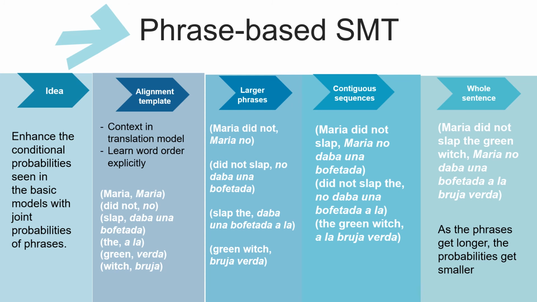Then potential phrases are extracted by taking word sequences which line up in both the English and Spanish phrase alignment, as illustrated in the example in the slide. Each probability can be calculated based on the relative co-occurrence frequency of the pairings in the rest of the corpus. And this calculates how commonly phrases co-occur in the rest of the corpus.